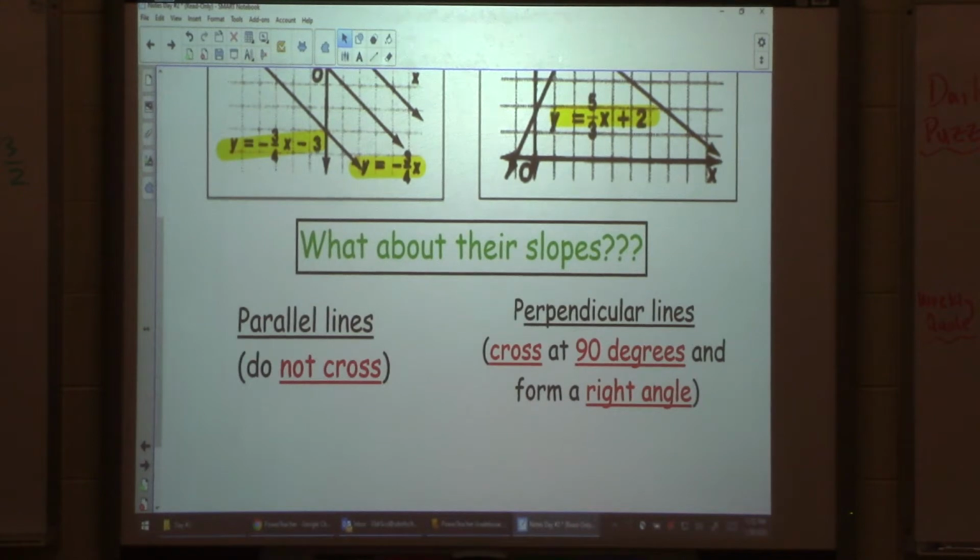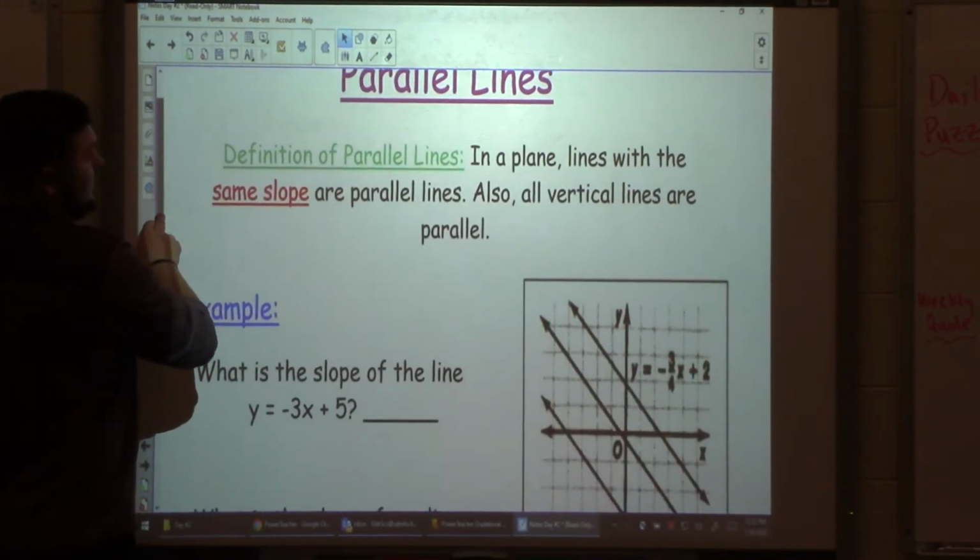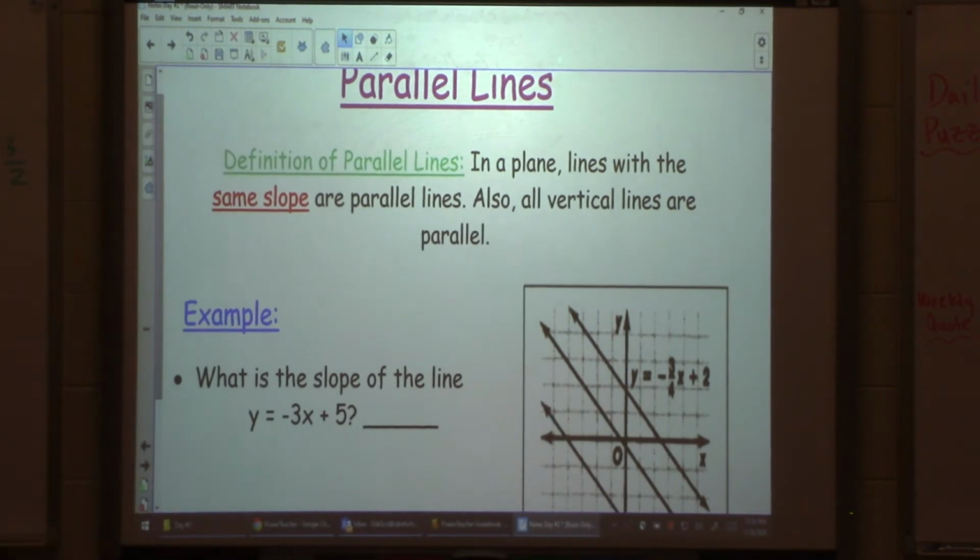Good? Okay. So, parallel lines. The actual definition is: in a plane, lines with the same slope are parallel lines. All vertical lines are parallel.